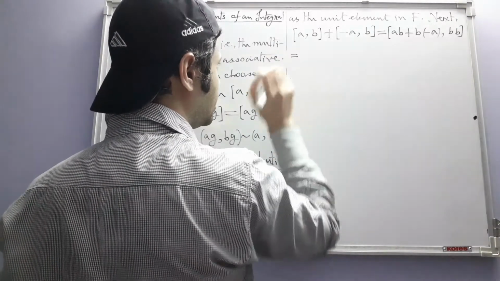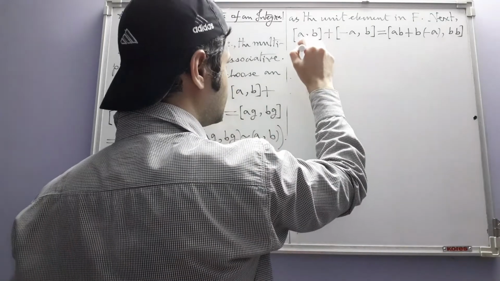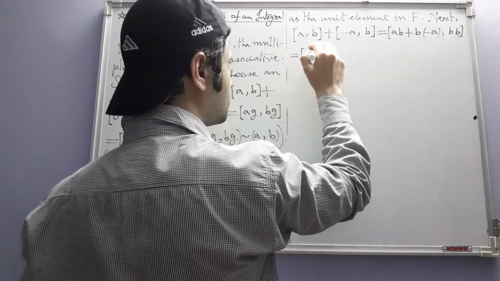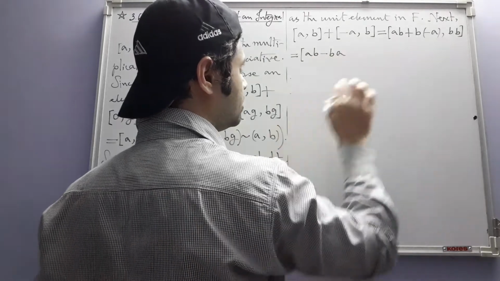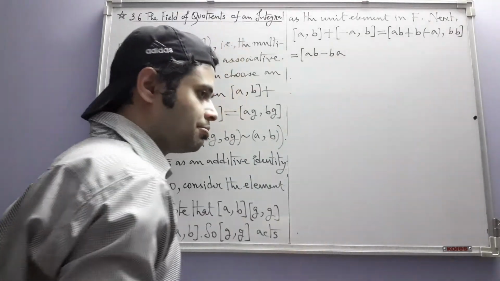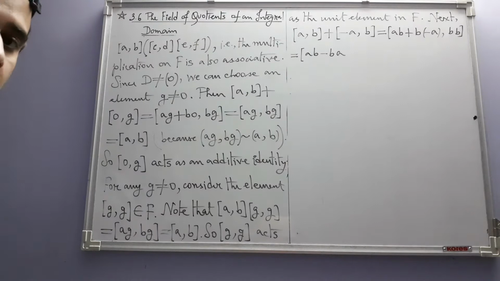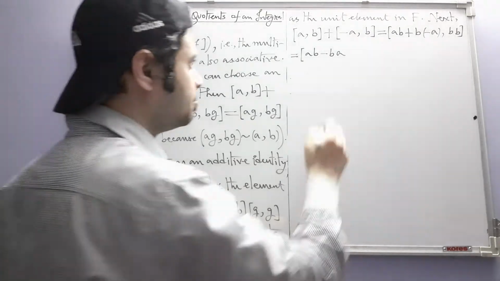Since we are in an integral domain, this becomes (ab minus ba, bb). The fact that this is equal to minus ba comes from those elementary properties that we proved in any general ring, if you remember.